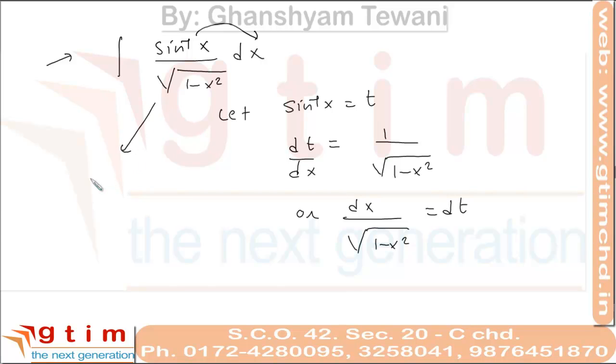Then this integration changes to t multiplied by dt. Now this can be integrated as a power function, that is t square by 2 plus c, where t is sine inverse x.